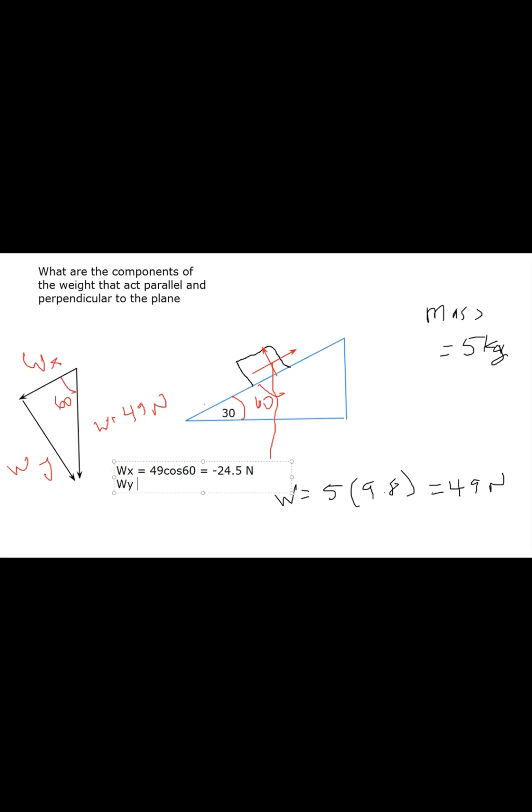And then Wy equals 49 sine of 60, which is 42.44. So these are the components of the force that hold the object to the plane.